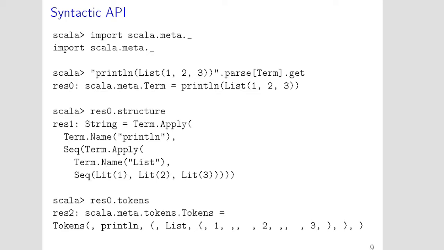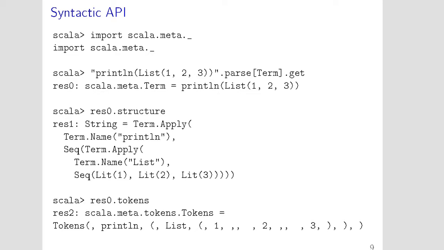So what's useful about these tokens? It's not easy to see on this particular example, but the cool thing is that if you write any formatting, if you write comments in your code, tokens capture all that. And that's another very cool difference with what's provided by the current standard ScalaReflect.